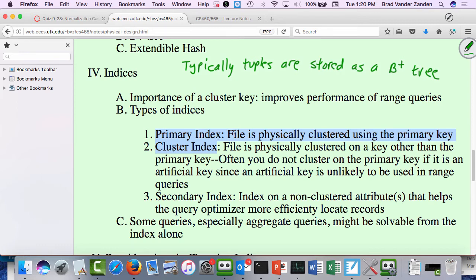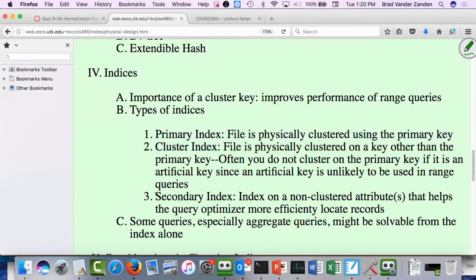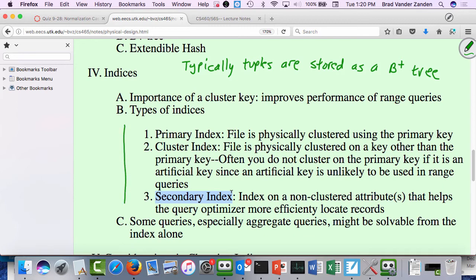Okay, so that's what the physical organization is. And then the remaining indices are called secondary indices because the file is not physically organized on those attributes. Instead, it's a subsidiary index that helps us gain access to the records. The idea with a cluster index is that the things are all next to each other.